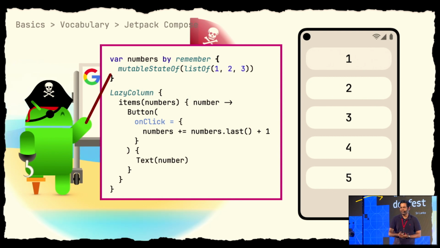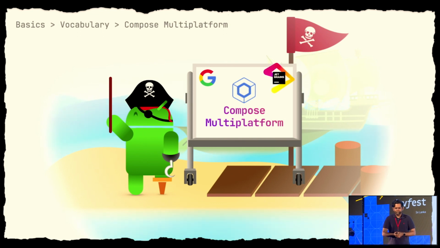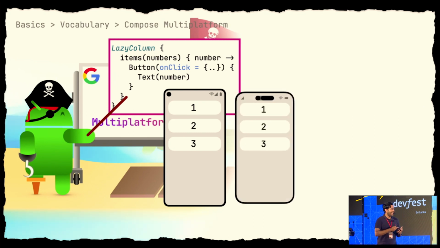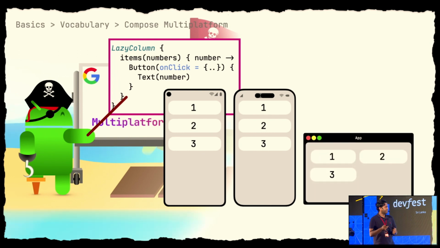That's actually where the name comes from. Compose Multiplatform is a collaboration between Google and teams at JetBrains. These are the people who make Android Studio, if you've ever opened up Android Studio. With Compose Multiplatform, we can take the same UI experience and move it to iOS, desktop, and also the web.